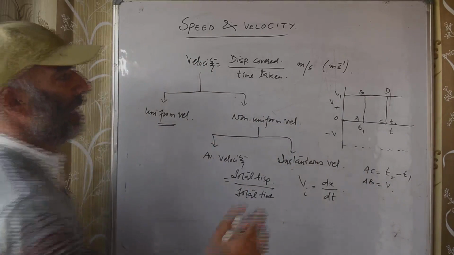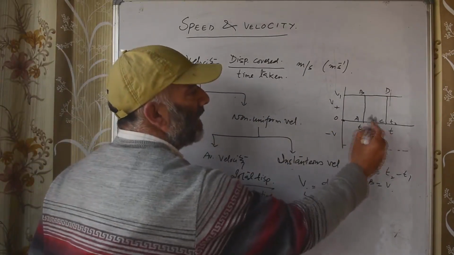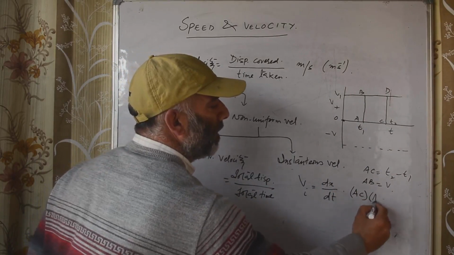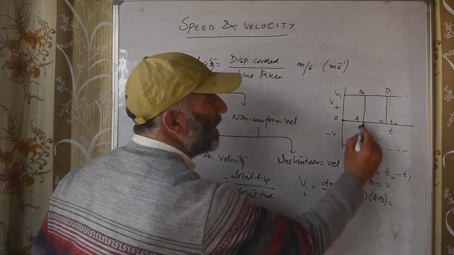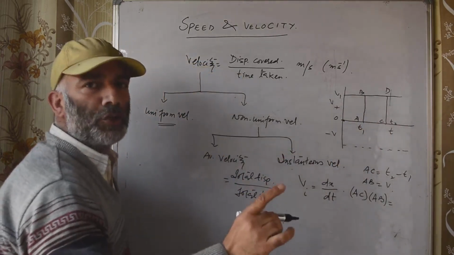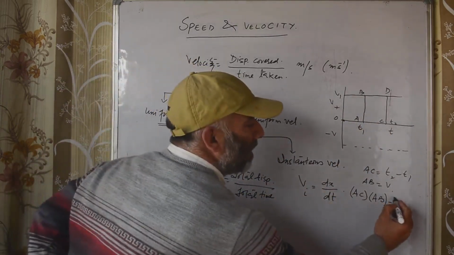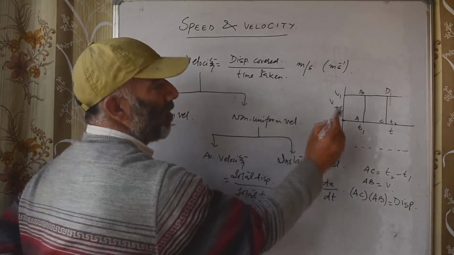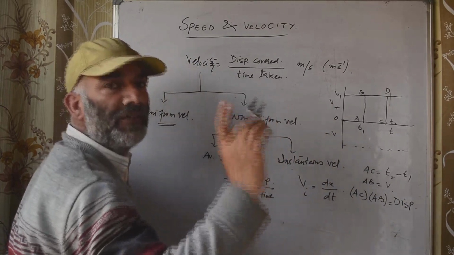Can anybody tell me what is AC cross AB? AC into AB will give us, AC is time, AB is velocity, velocity into time, you are right, that will give us displacement. So this velocity time graph gives us displacement.